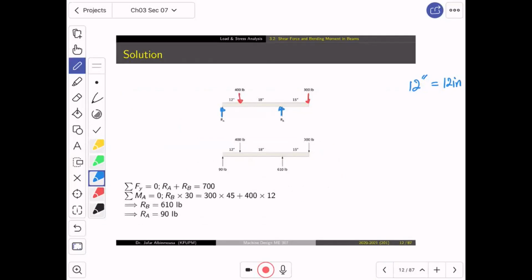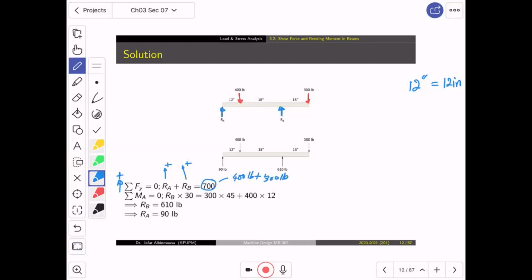We start with equilibrium and we sum up the forces along the y direction, assuming that upward is positive and that this equals 0. So we will have RA up plus RB up equal to 700. 700 is 400 pounds plus 300 pounds. Why is it equal to that?